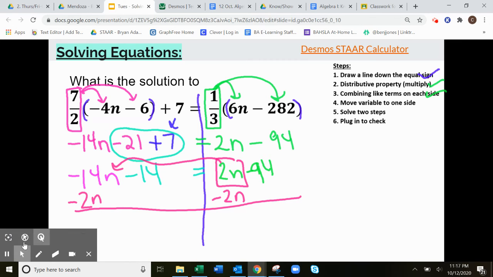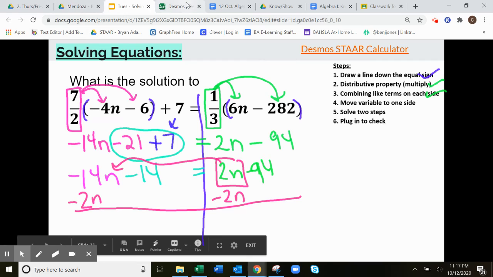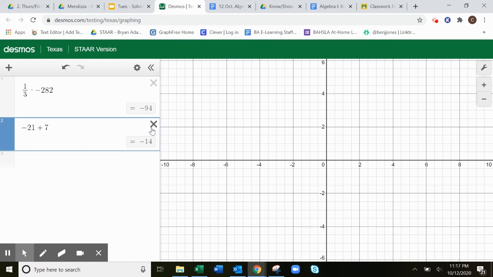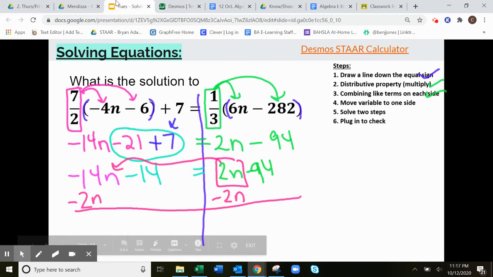So now we go back over here, negative 14 minus 2.